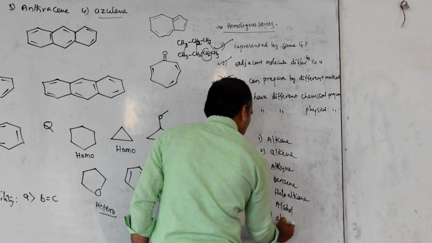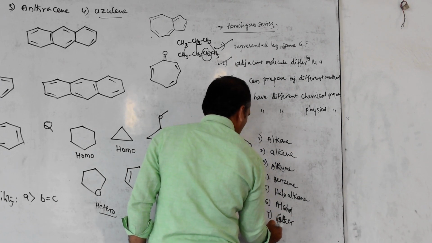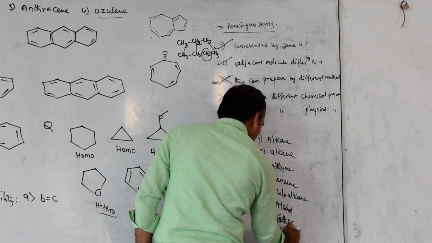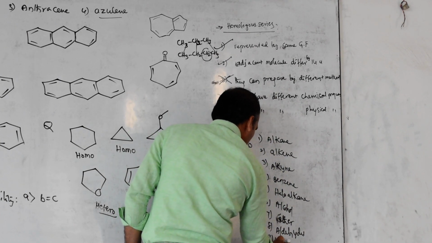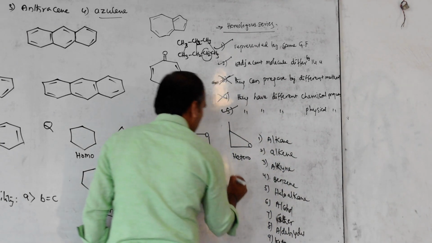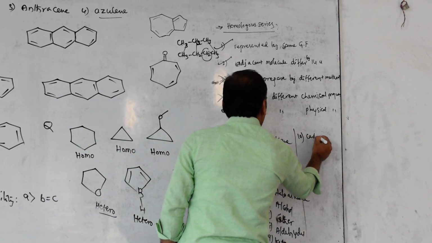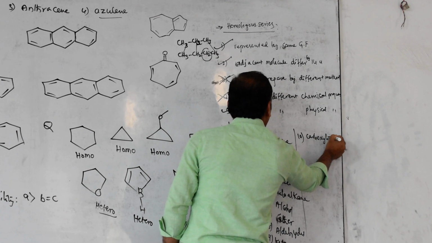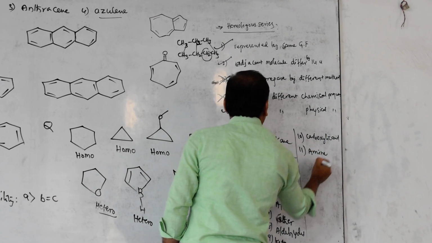Seventh, ethers. Eighth, aldehydes. Ninth, ketones. Tenth, carboxylic acids. Eleventh, amines. Like this, so many examples.